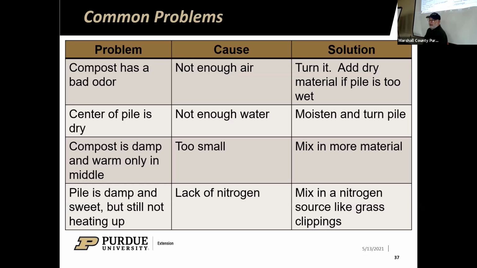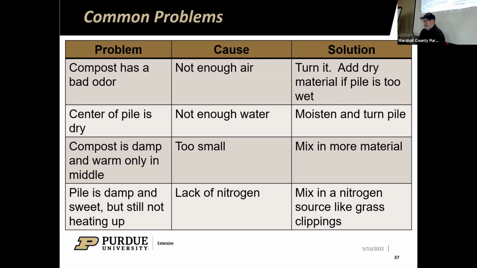If the pile is damp and sweet, but still not heating up, it may be lacking nitrogen. So we could mix in some nitrogen source such as grass clippings, or even add a little nitrogen fertilizer on the top. If you allow rain to help keep it moist, it'll work down through the compost pile as nitrogen moves.